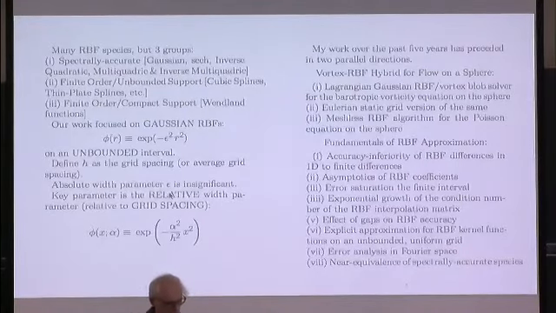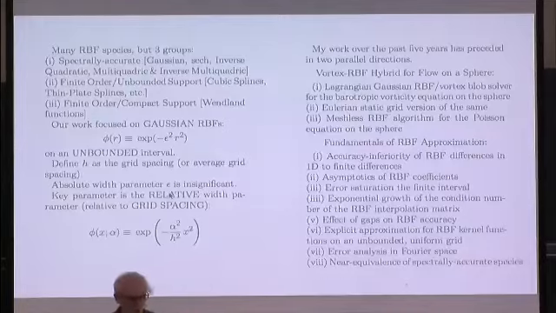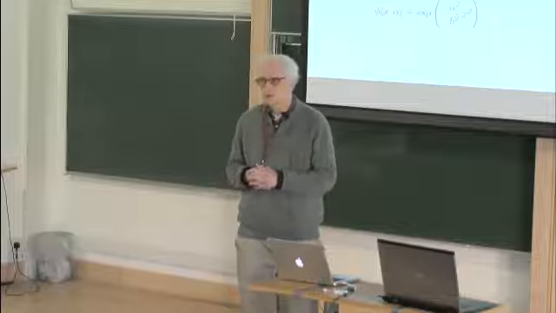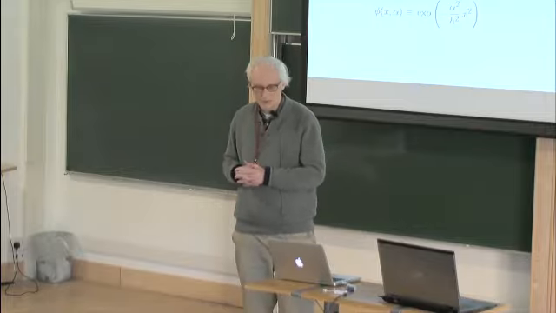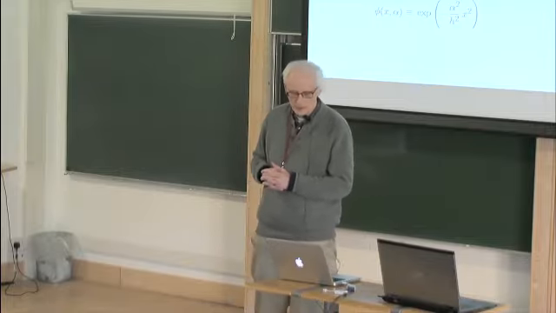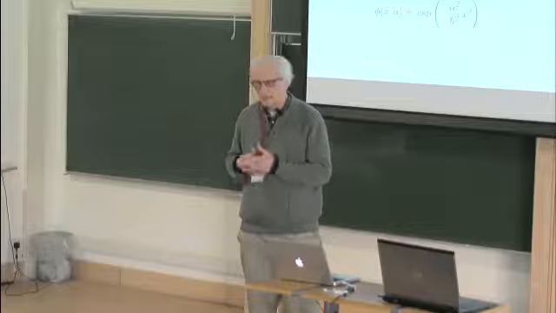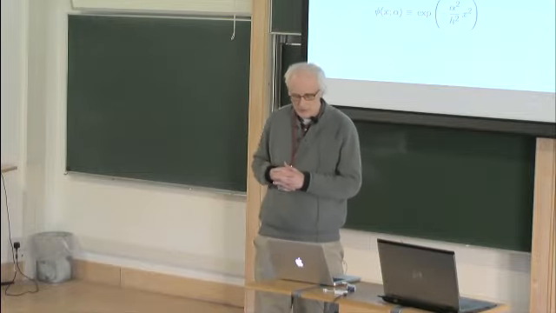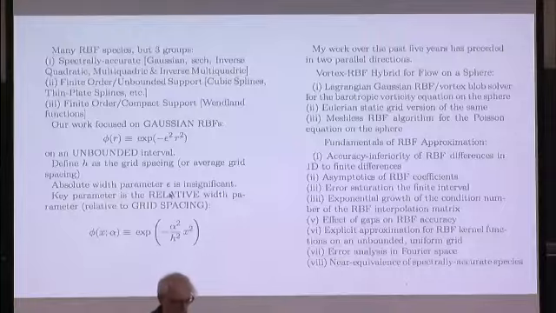There are a couple of reasons for that. One of them is that RBF theory, even after 30 years of development, is probably still extremely immature compared to finite differences or finite volumes or Chebyshev and Fourier spectral methods. And so there are a lot of gaps in the theory which are fundamental to being able to use these methods effectively for big problems.